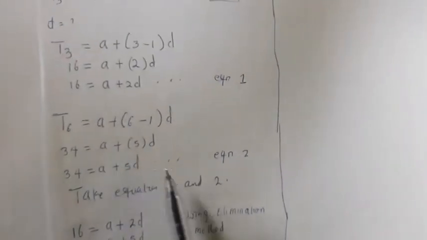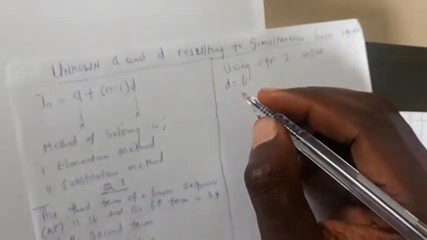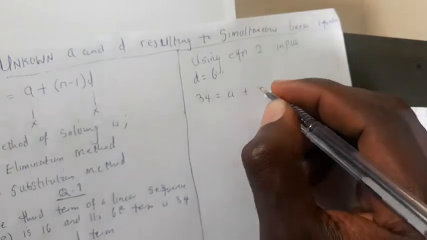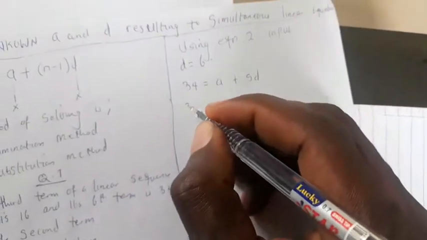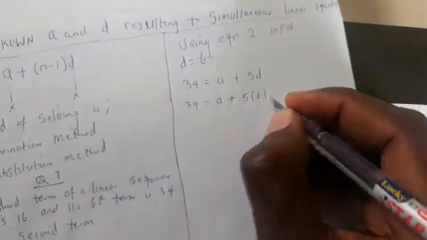Our equation 2 says that 34 equals A plus 5D. Instead of writing D, we'll just substitute 6 in there. So we'll be left with 34 equals A plus 5 bracket 6.